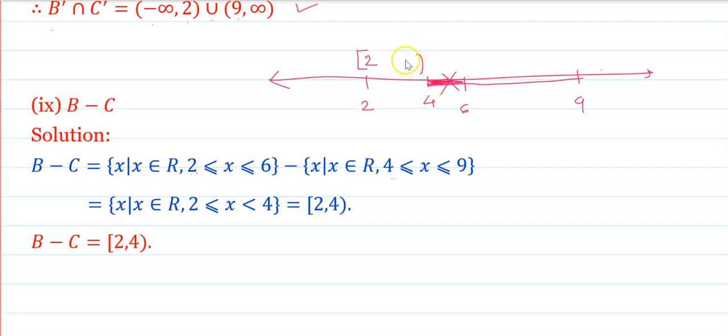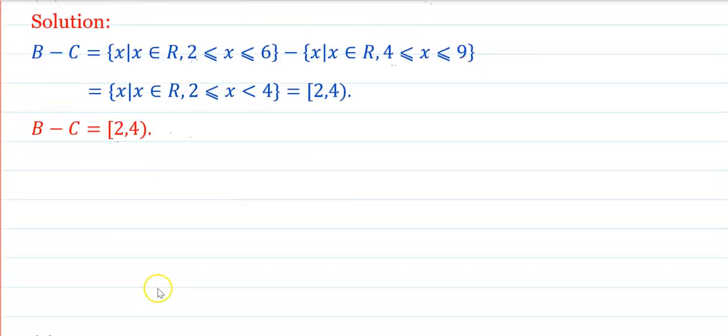Now it will become open. Therefore it is 2 to 4. मायनस करताना काय करतो आपण, त्या दोघातला कॉमन पोर्शन, which is the common portion, 2 to 4 to 6 is common, आणि हे तर नाहीच घेणार. Okay, other than that तर ते नाहीच येणार. Then you will get 2 to 4, but 4 here first it was closed, now here it will be open, and hence B minus C is 2 to 4.